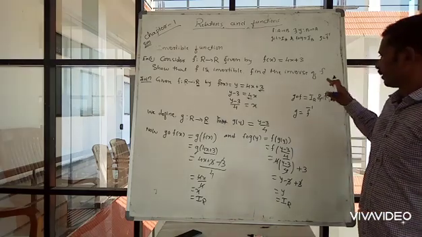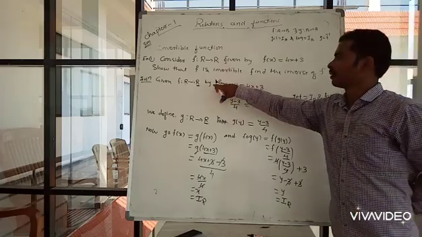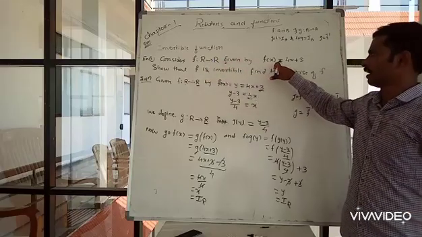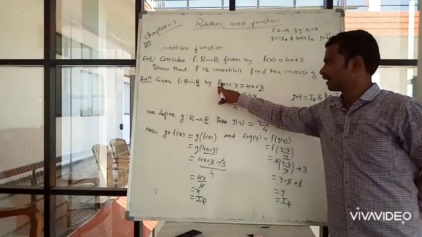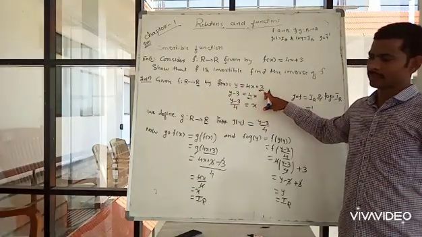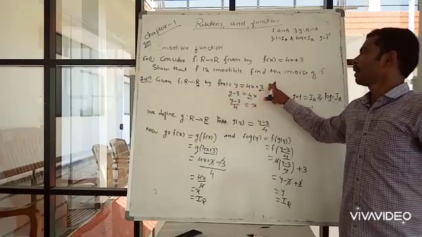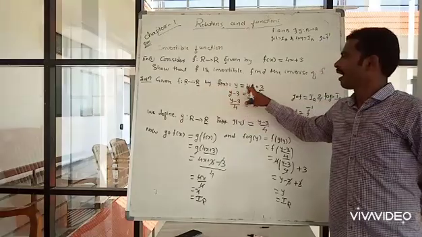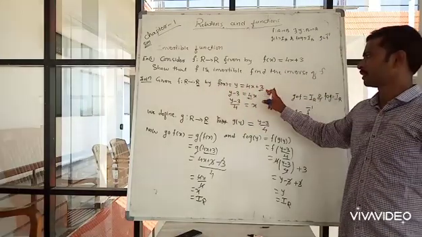In this example, first write the given function, how it is defined. So the given function is defined like this. Here the nature of elements in the codomain is given: the elements in the codomain are of the form 4x plus 3.